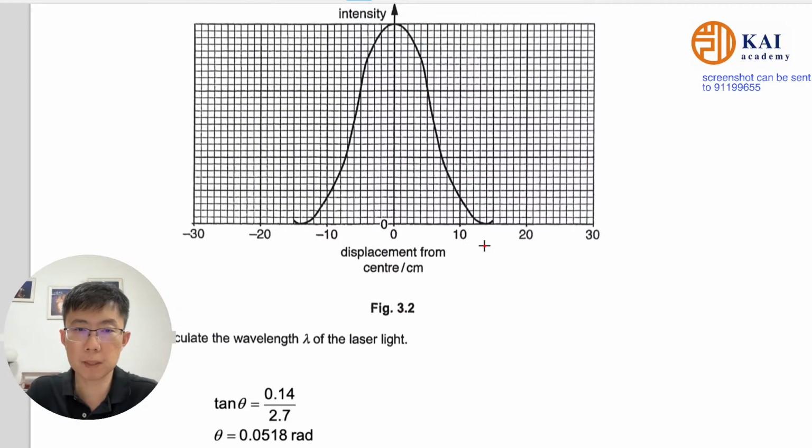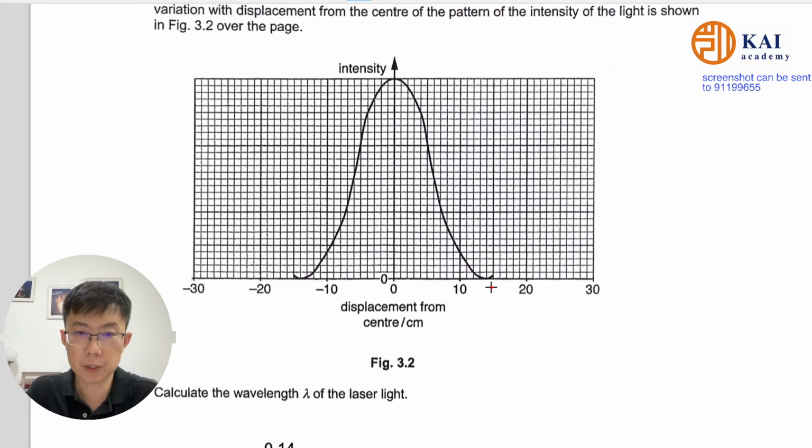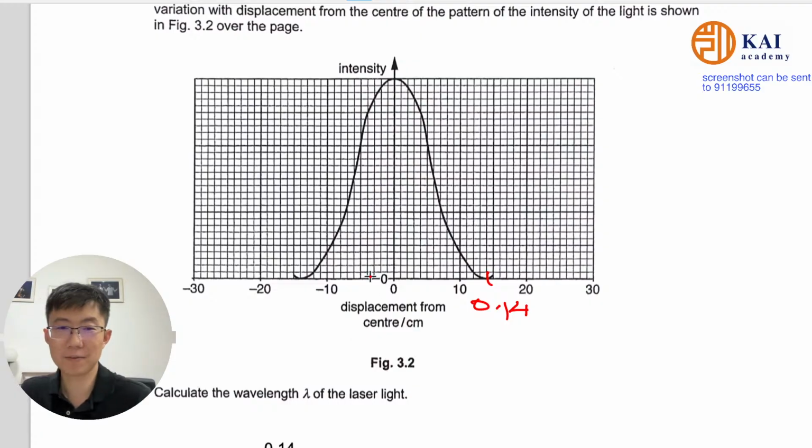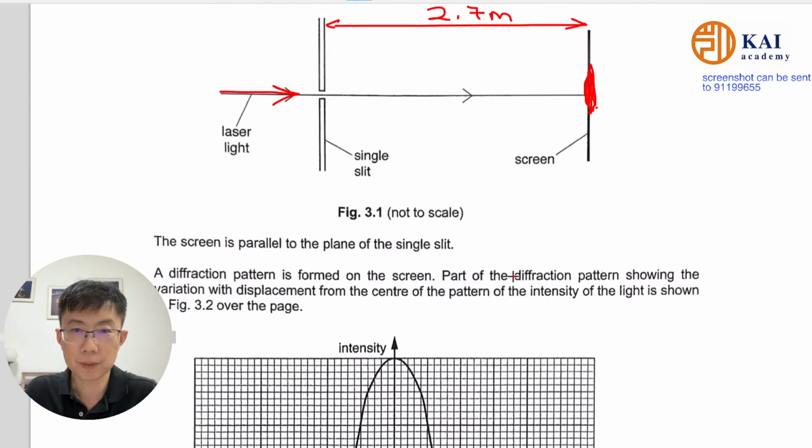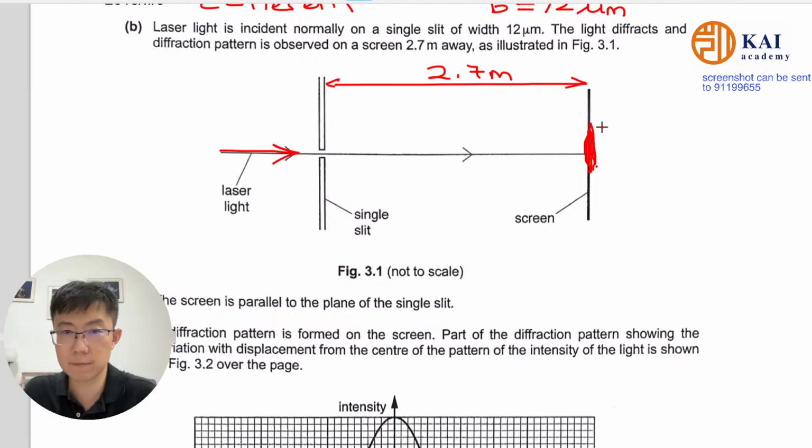The first minima, according to the question, occurs at about 0.14 meter. This is from the graph. If the graph tells us it is 0.14 meter, then adding this value here, it would look something like this.